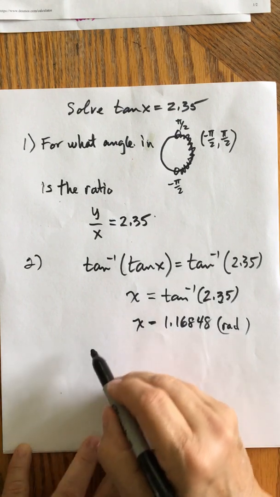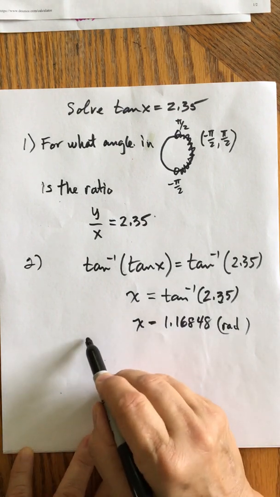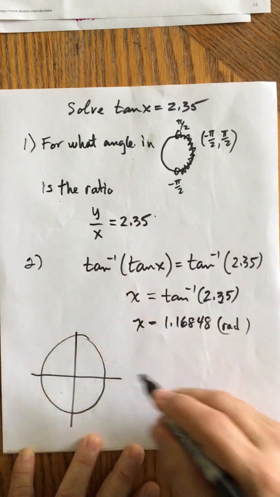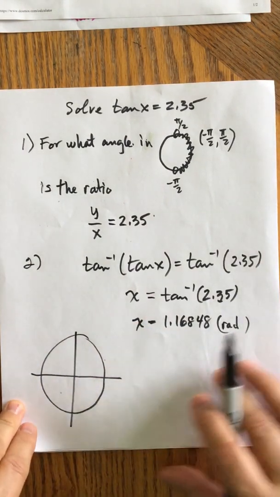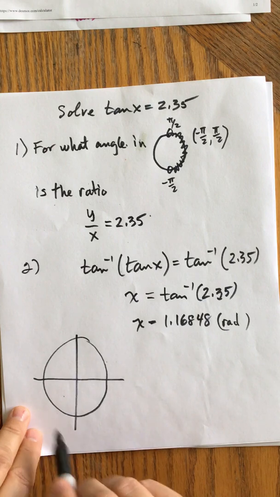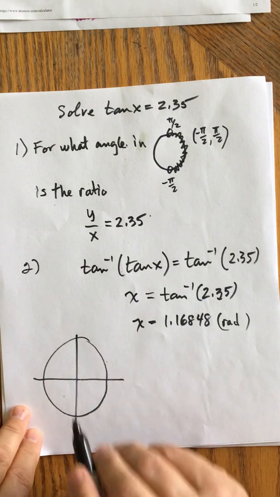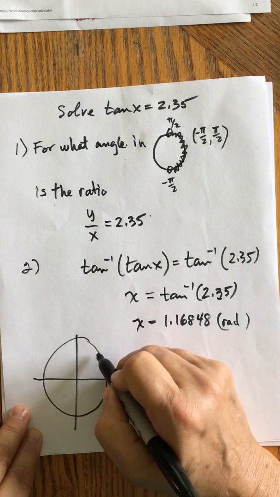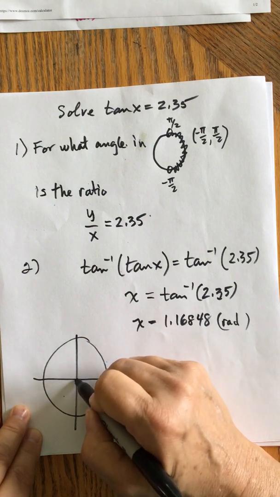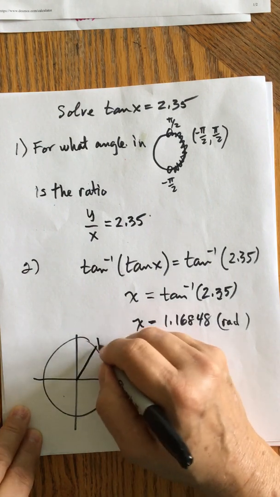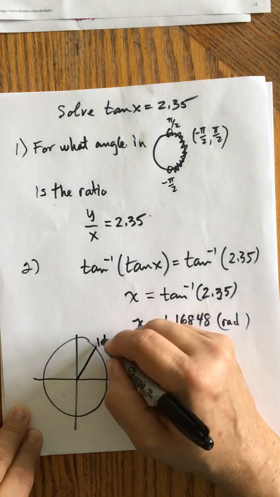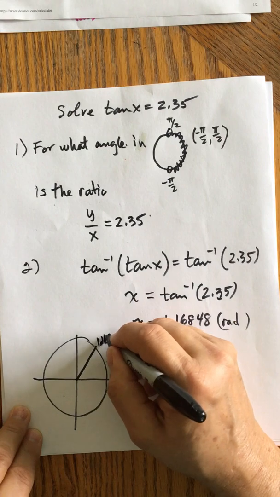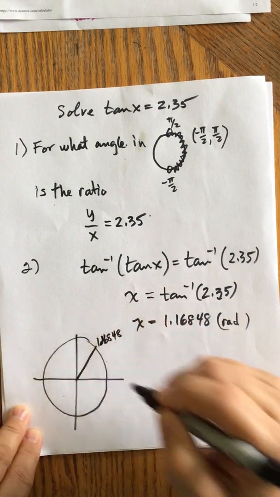Now, what that means is on my unit circle, I'm sorry, that's not quite nice and plumb, but what can I say? About one radian will be about 57.3 degrees. So something like that maybe. 1.168 radians, right?